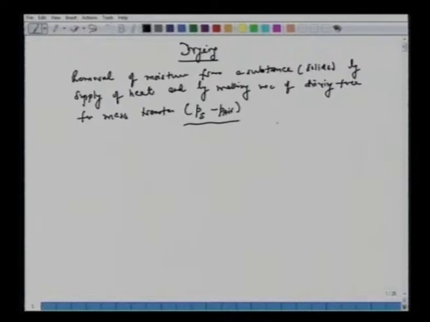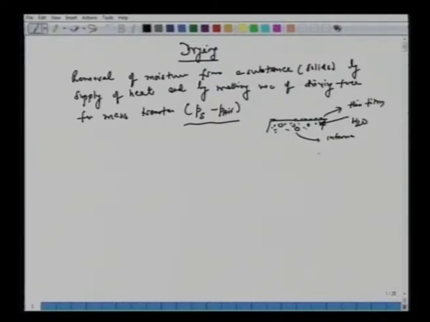So we are talking of a solid surface, let's say this is some sand or some granules, and this contains moisture. When we say that it contains water, this moisture could be inside, in the interior, or this could be covered with a thin film of moisture.